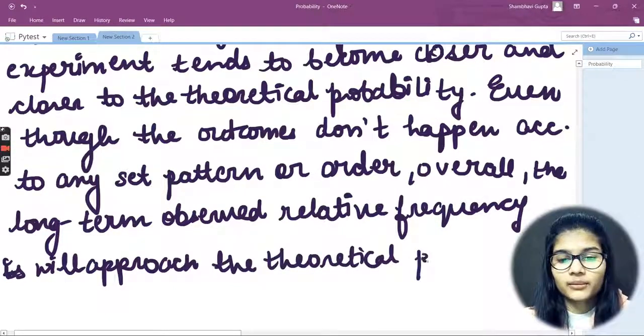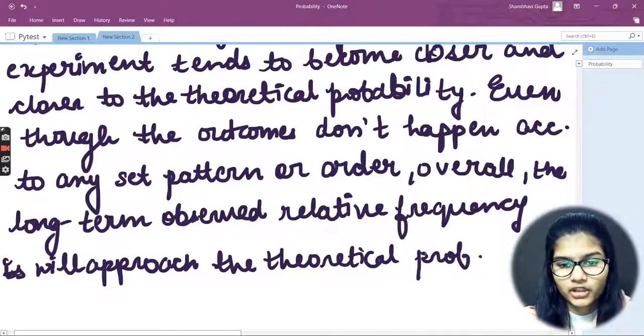I'm just writing the short form for probability like this. Okay, the theoretical probability. Fine.